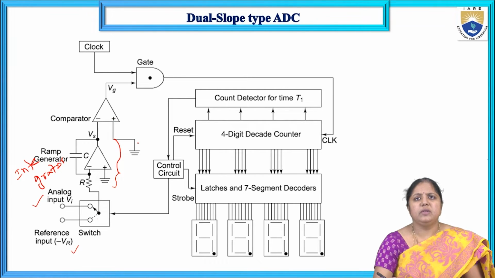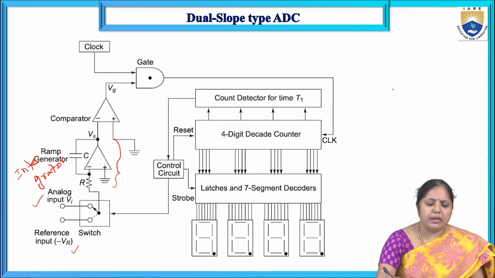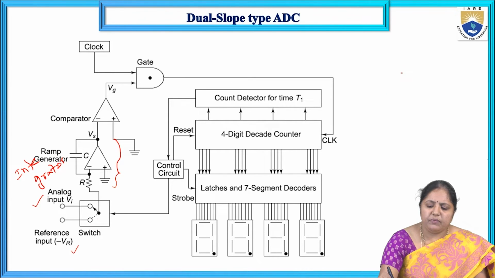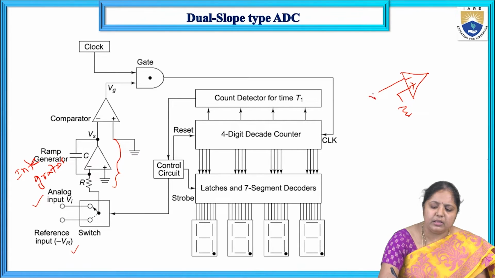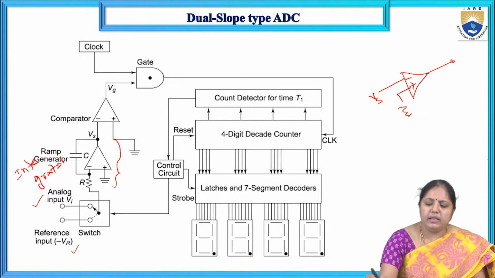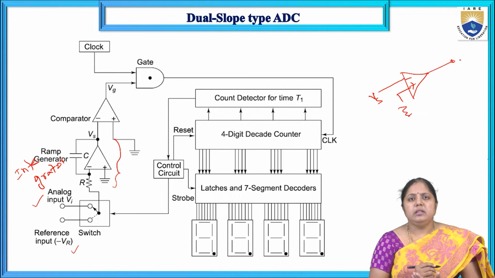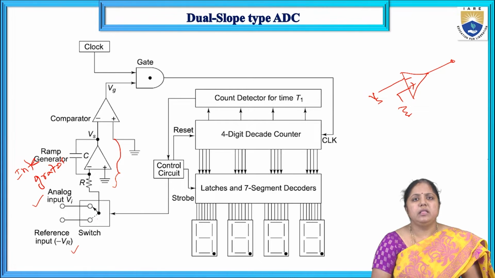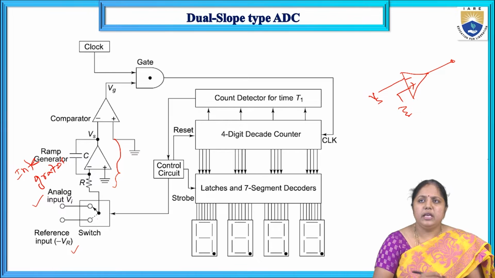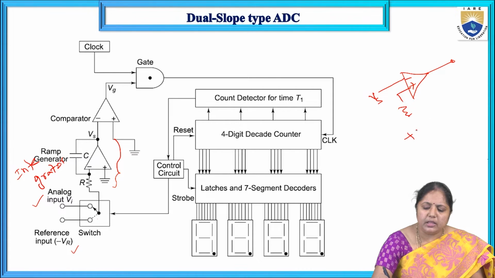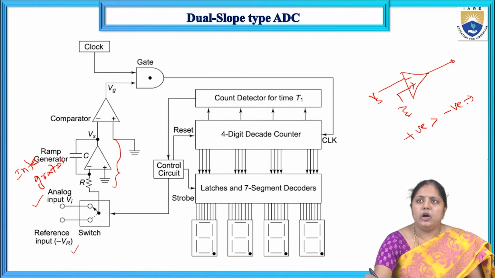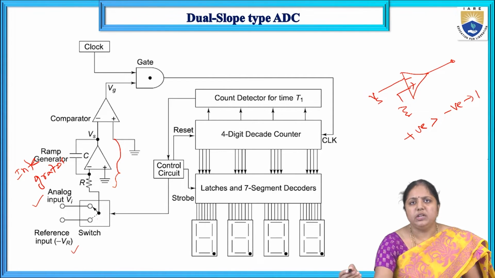What is the function of the comparator? For the comparator circuit, one terminal is short circuited to ground and the other terminal receives Vs as input. The purpose of the comparator is to compare the voltages at the positive terminal and the negative terminal, right? When the positive voltage is more than the negative voltage, the output of the comparator becomes logic 1.